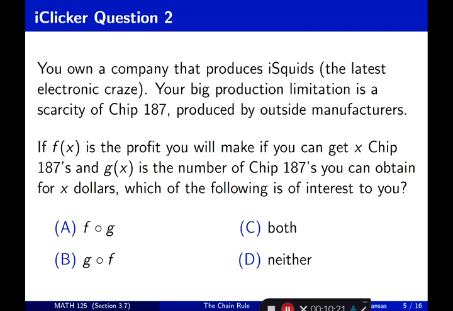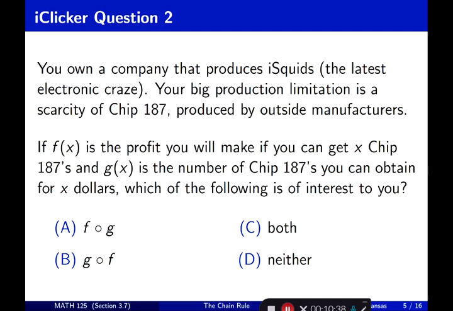iClicker question 2. You own a company that produces iSquids, the latest electronic gadgets. Your big production limitation is scarcity of chip 187 produced by outside manufacturers.